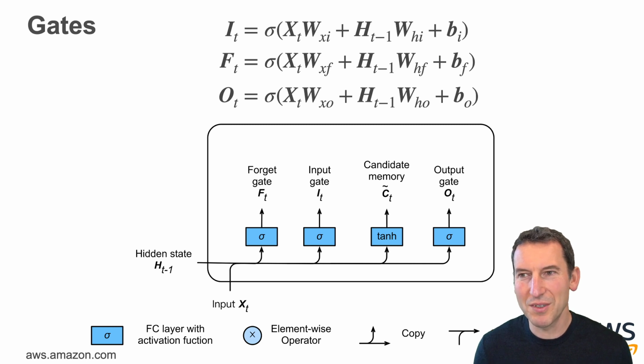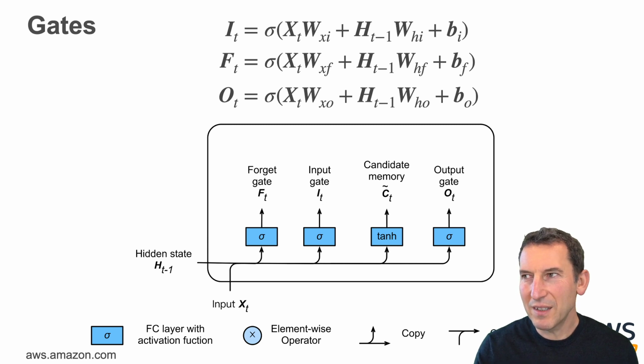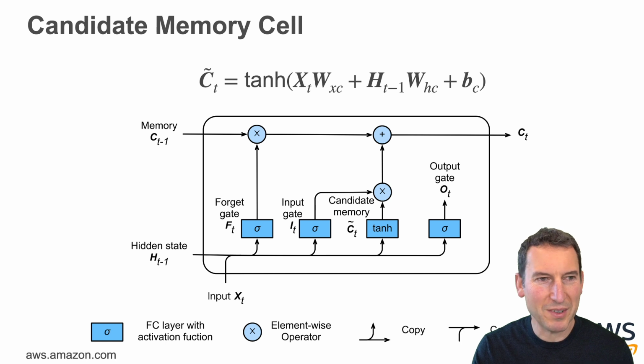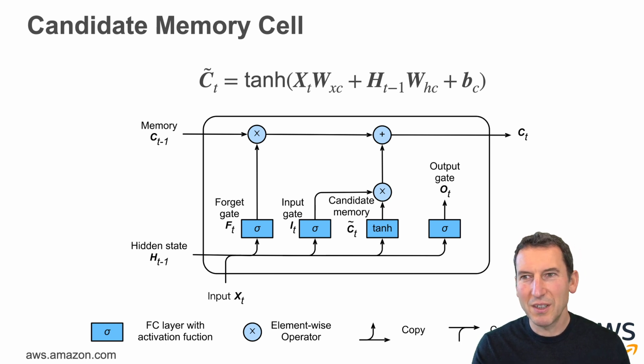This is very similar to before, except that before we had only an input and a forget gate. Now we also model the output gate. The next thing is we model the candidate memory. This is similar to the candidate state that we had in the GRU, and this is modeled by a tanh.